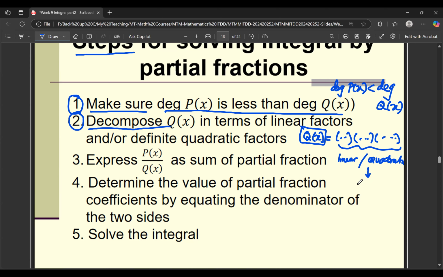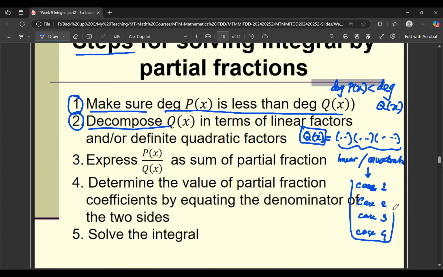Maybe case one, which means that all of the factors of Qx are non-repeating linear factors, and case two, case three, case four.